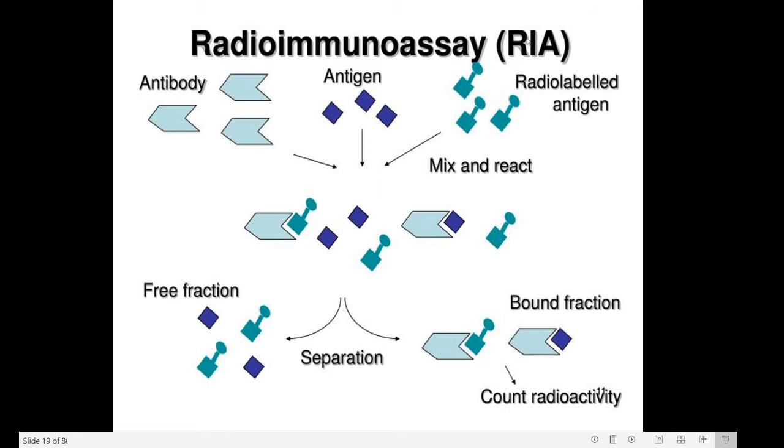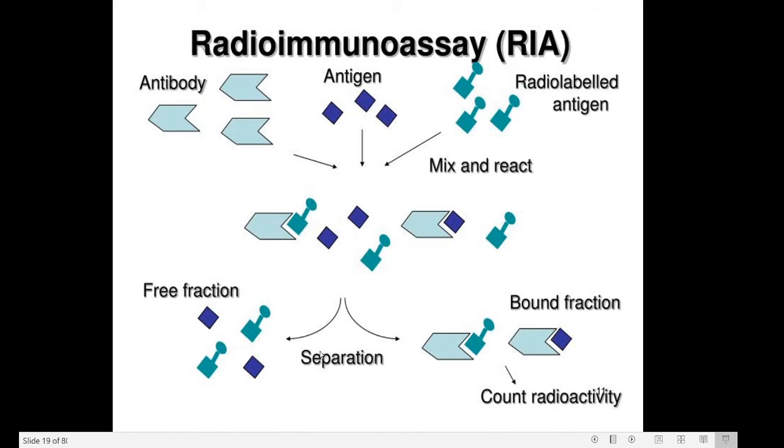Here, the one important thing: in the radioimmunoassay we need antigen, antibody, and a radioactive label. This radioactive label is against the antigen, which means it is in favor of the antibody. It has a favorable structure, right? They add these in a mixture and give some time for reaction.